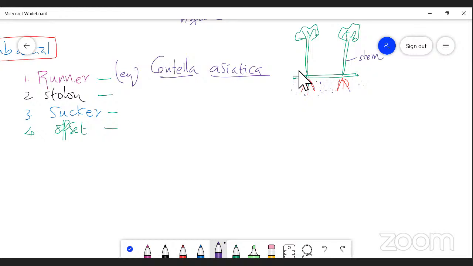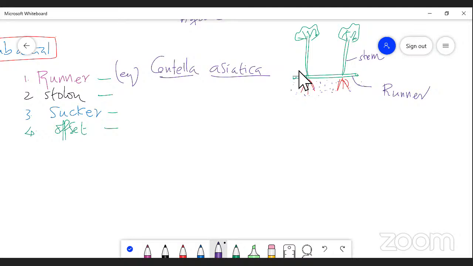The stem is very weak, right? And again, this runner grows horizontally to form a new generation. This is called a runner, as in Centella asiatica, a kind of vegetative reproduction.